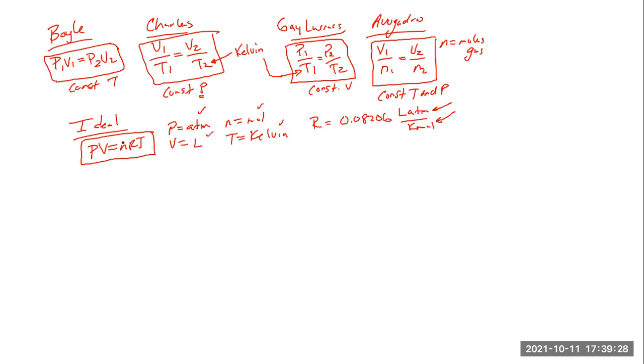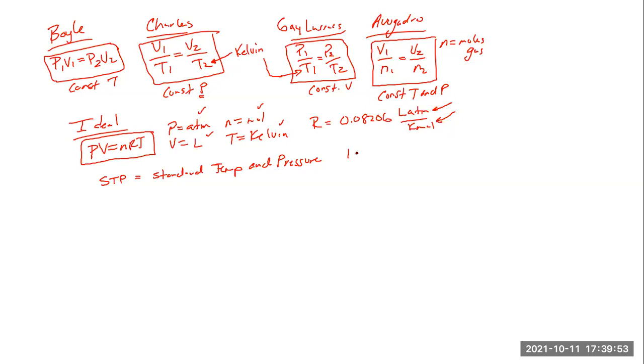We also saw a couple other terms like STP. STP is standard temperature and pressure. When somebody says at STP or under STP conditions, they're actually giving you values for temperature and pressure.